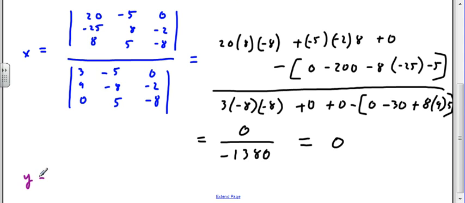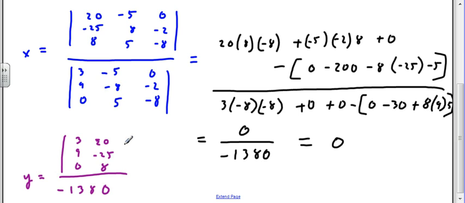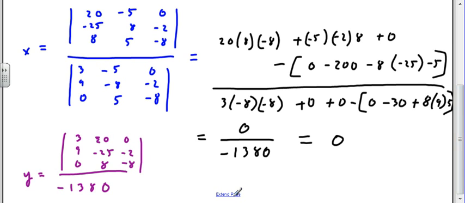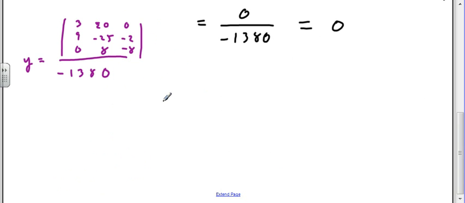So y is going to be, on the bottom, minus 1380. On the top, 390. 20 minus 25, 8. 0 minus 2 minus 8. Alright, so I've got 8 times that is 200. 200 times 3 is 600. So I'm going to have 600.